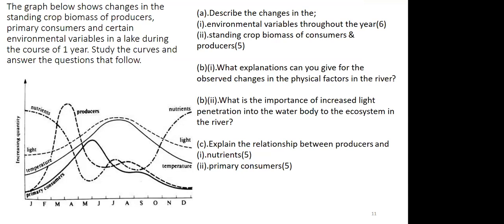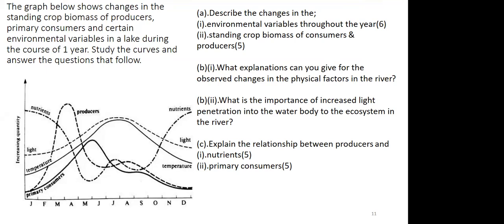And if we see rapid growth of algae in the lake, this will block the light penetration into the river. So we shall see light in January being low compared to the months of March to December. So that's what I have to say.